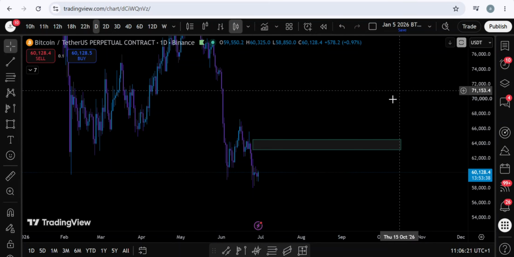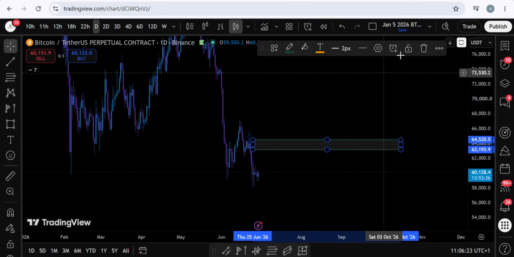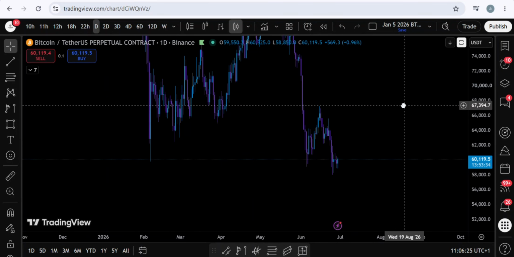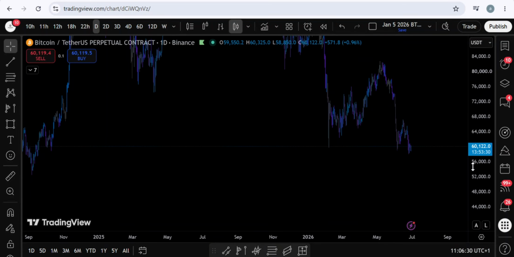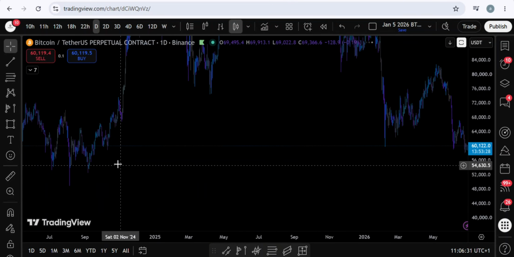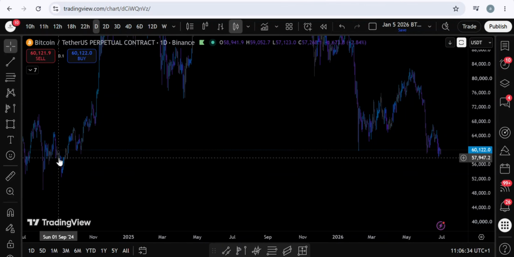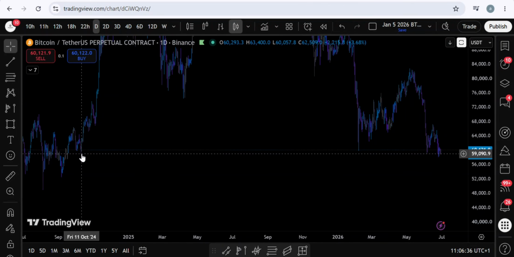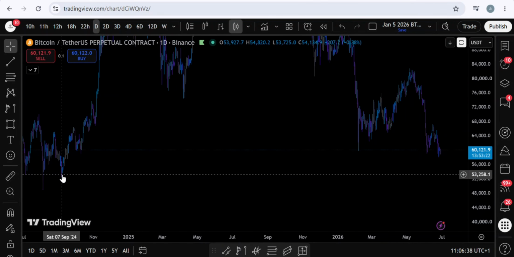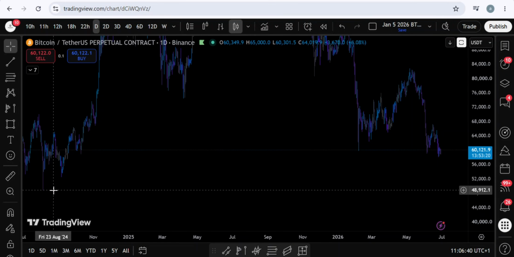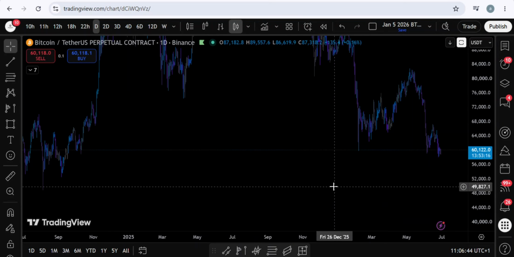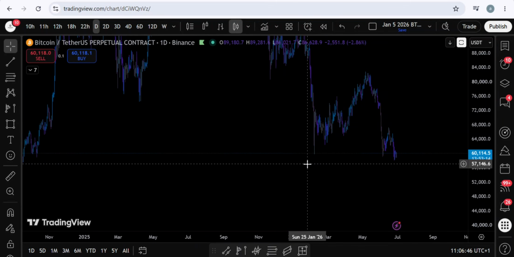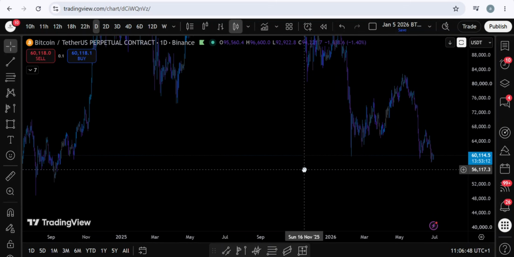If we scale out and have a look at this area here, 59, 53 and 48, this area here, there are a lot of naked points of control there, daily levels, but there's also a lot of liquidity here that we can come back for as well.